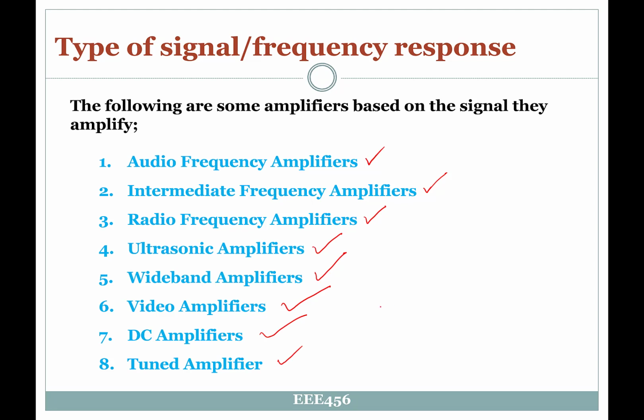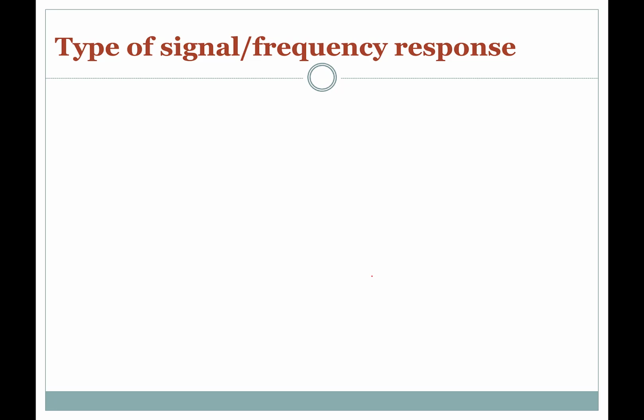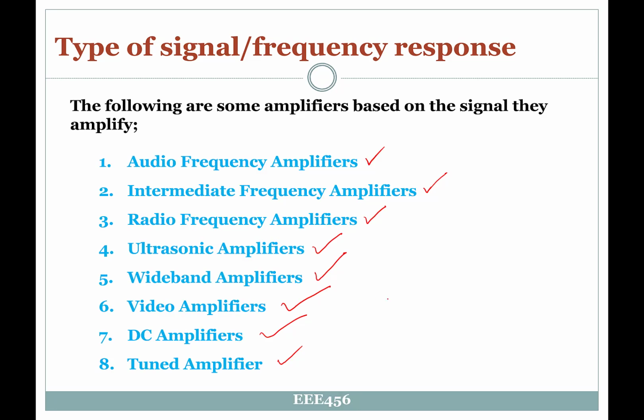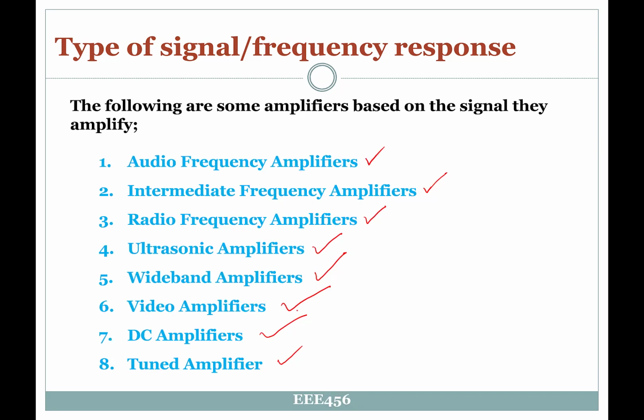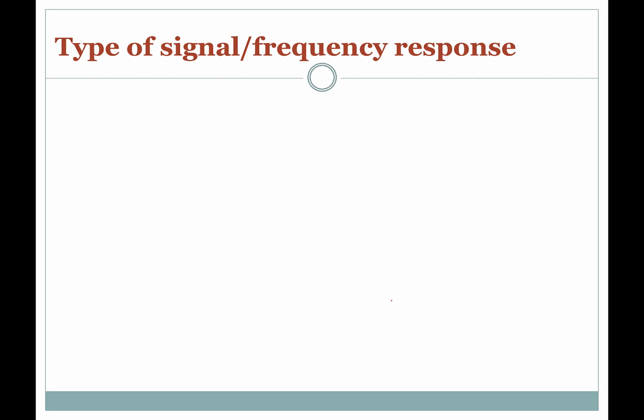We're going to look at these one by one and see what they have for us. Okay, so let's take them one by one in this case, and we'll look at audio frequency amplifiers.